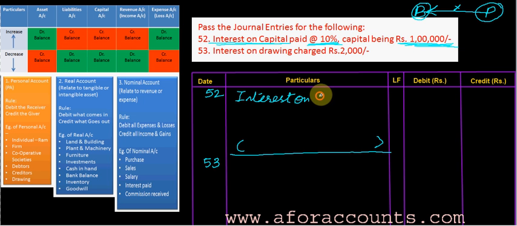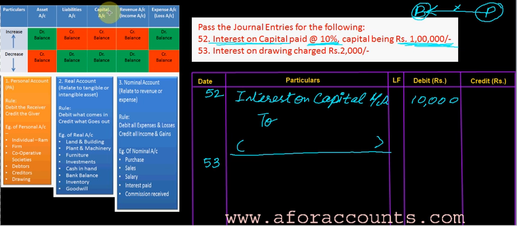interest on capital account debit. How much? 10,000, 10% of 1 lakh. Interest on capital account debit to, what should I credit now? Is he taking it in cash? No. That interest adds up to his capital, and when my capital increases, then what do I have to do? I have to credit it.